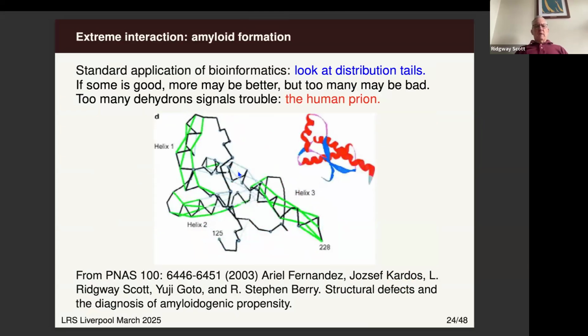Well, this is the human prion, and it does have some hydrogen bonds. You can see these gray lines in here. These are well-wrapped hydrogen bonds, but then there are a whole bunch of dehydrons in green on the outside, and it's well known that they form amyloids, and we believe that that's a big reason for prion disease.